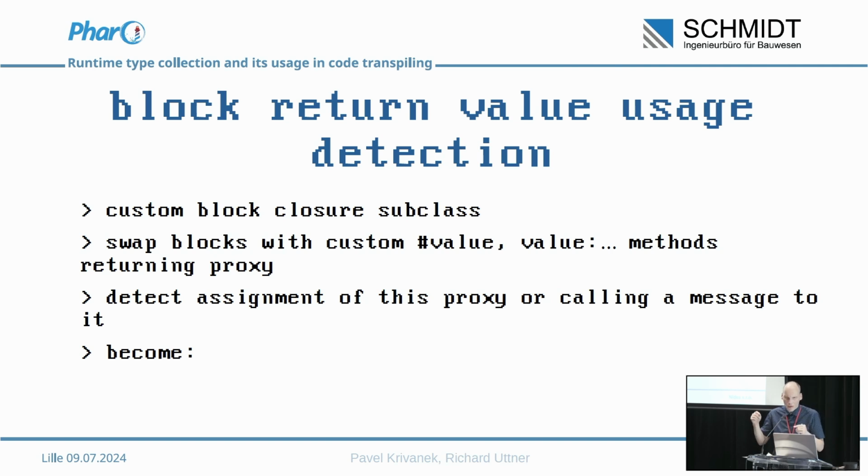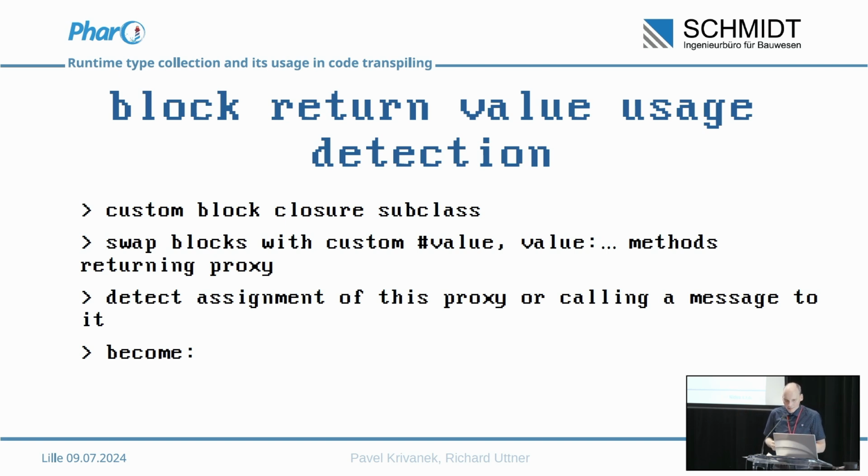Here I describe how I do the detection of if the block is actually used. As I said, the comparison of select or do blocks. So I take the block literal, I replace it with a custom subclass of block closure that has a custom implementation of value or value with a colon and so on methods.